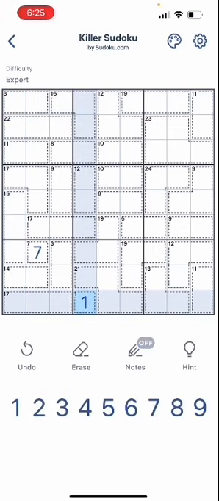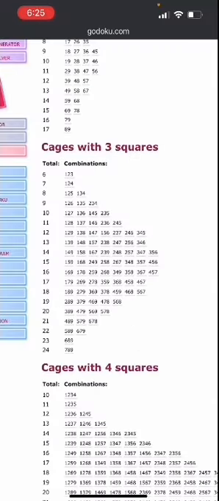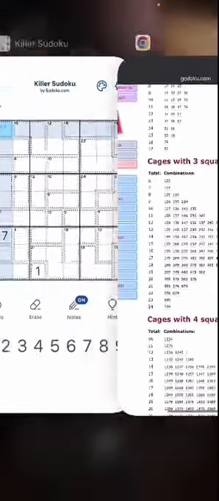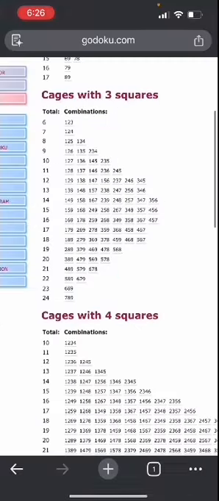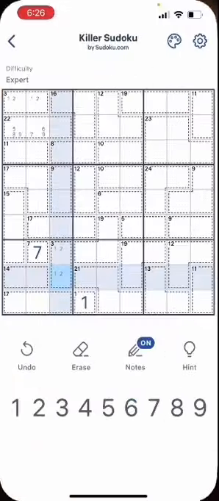Next, I like to find cages that only have one possible combination. 3 can only be 1 and 2. A 3 square 22 can only be 5, 8, 9 or 6, 7, 9. So I'm actually going to pop that in just to help myself remember later. Here's another 3 square. That can only be those things. 24 in a 3 square can only be those 3 numbers, 7, 8, or 9.